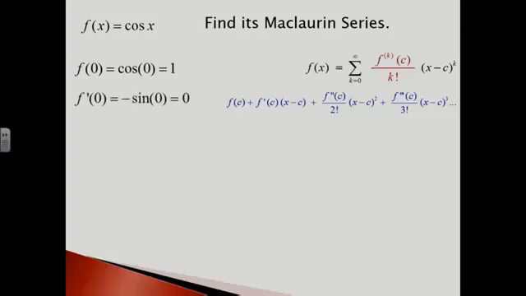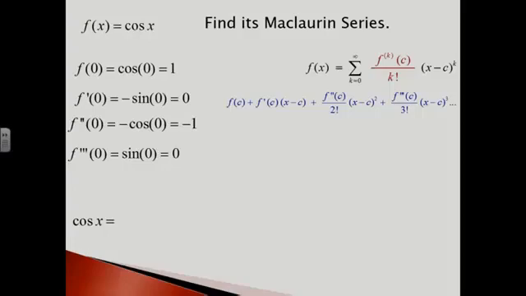Then we find the derivatives at 0. The first derivative is minus sin x. Its value at 0 is 0. The second derivative is minus cosine x. Its value at 0 is minus 1. The third derivative is sin x. Its value at 0 is 0. From the fourth order, the derivative comes back to cosine x and the cycle repeats.